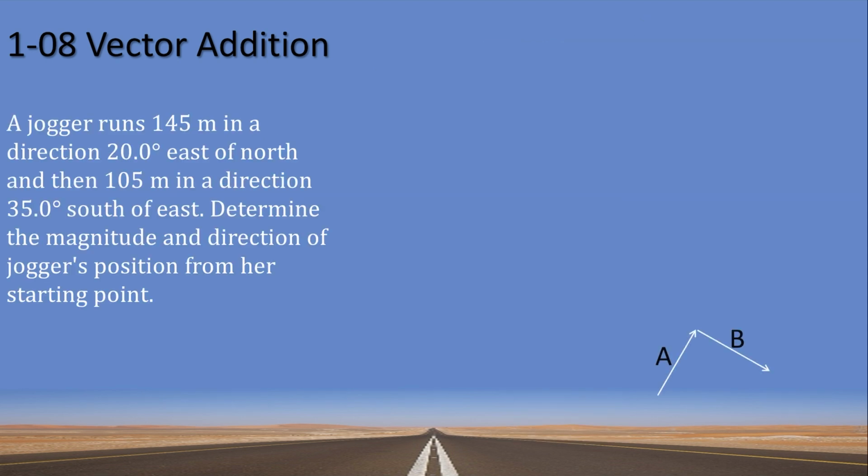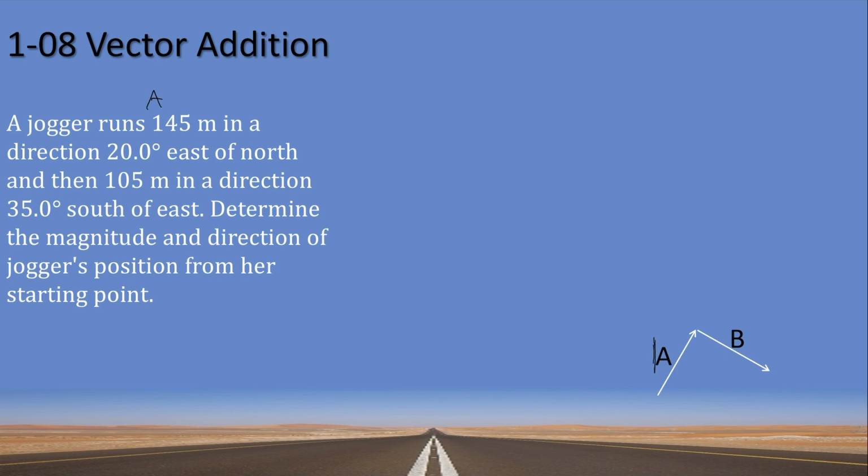Let's try another. A jogger runs 145 meters in the direction of 20 degrees east of north, then 105 meters in the direction of 35 degrees south of east. Determine the magnitude and direction of the jogger's position from her starting point. So the first one I'm going to call A is 145 meters and 20 degrees east of north.